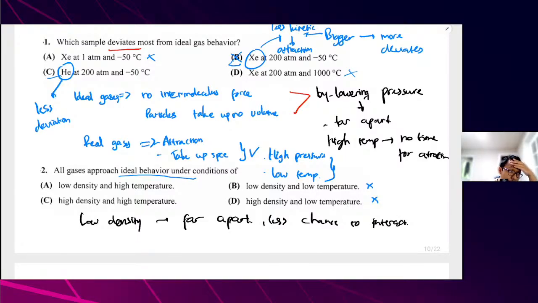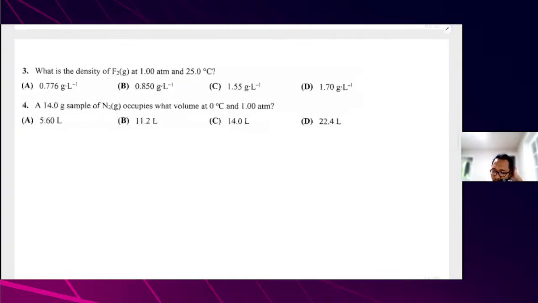So the answer will be C. Yes, low density, not high density. The previous concept, that we want low volume, is incorrect.